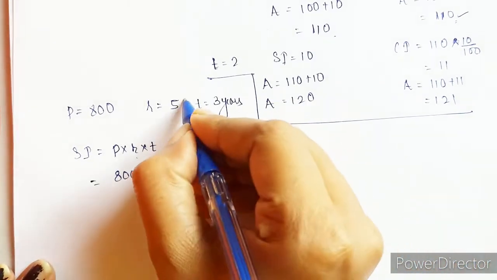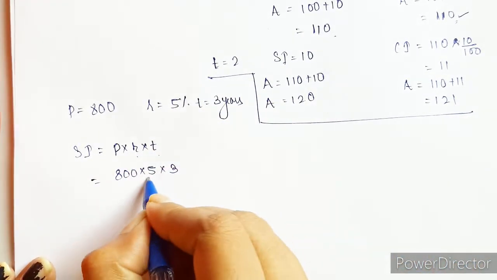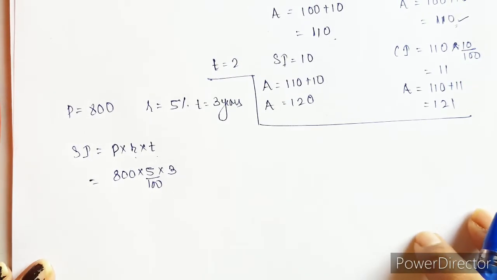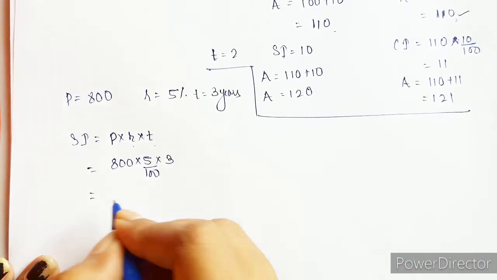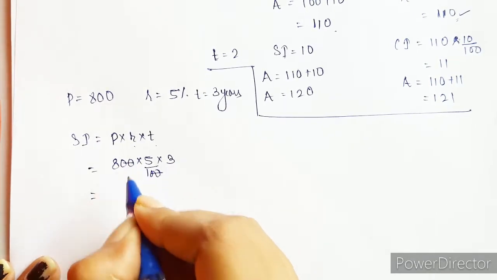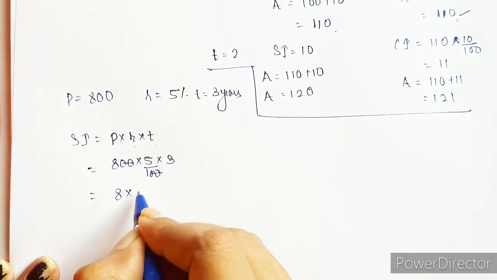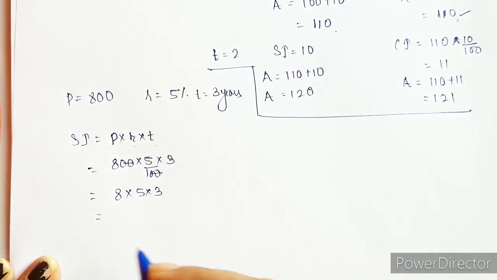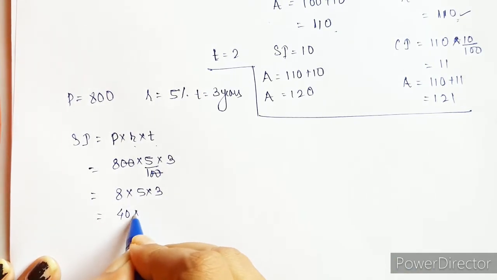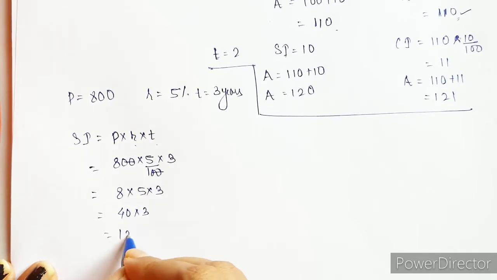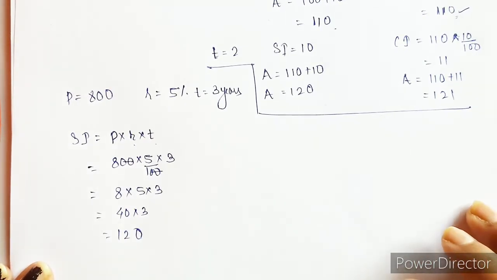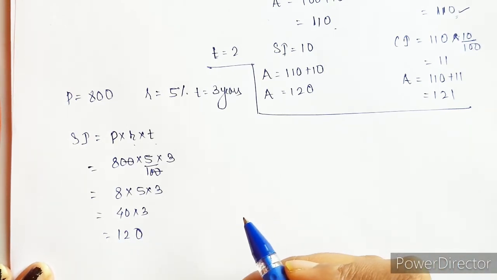Since this is 5%, we have to write this as 5 upon 100. So we can cancel this, and what is remaining is 8 into 5 into 3, which is nothing but 120. So at the end of 3 years we are getting 120 rupees as interest.